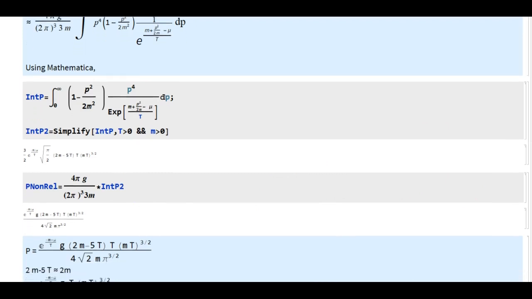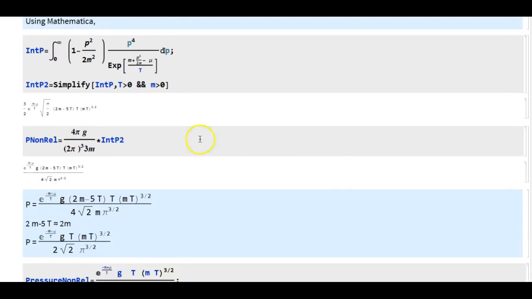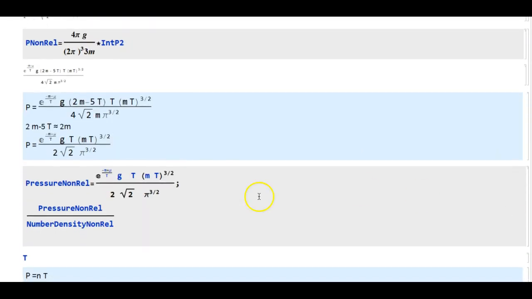After you factor out, you get this, and you see we have the term 2m minus 5T. In the non-relativistic regime, 2m minus 5T is approximately equal to 2m. After some algebraic manipulation, you get the pressure.